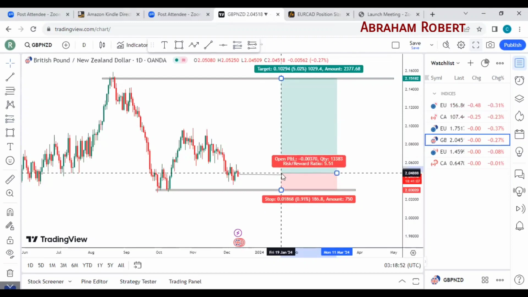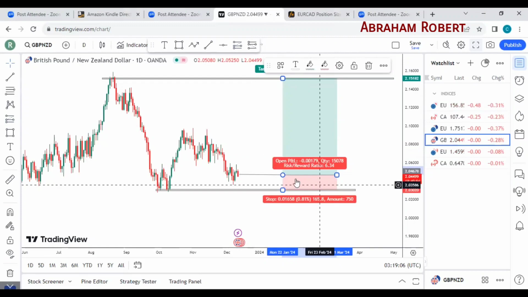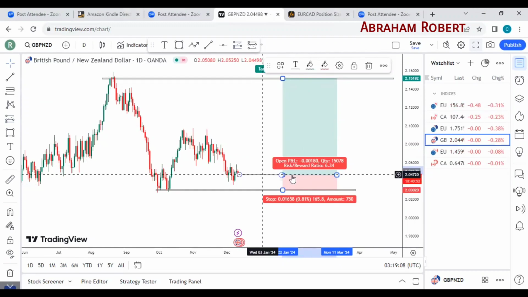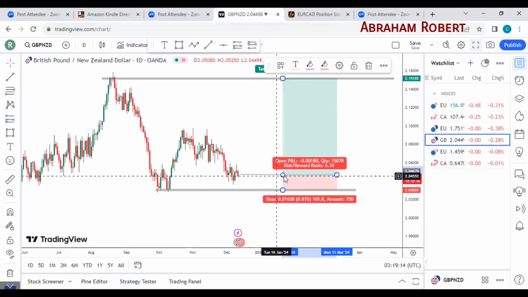The middle line is where you want to trigger the trade from, so you put it at the price we want to buy this pair from.